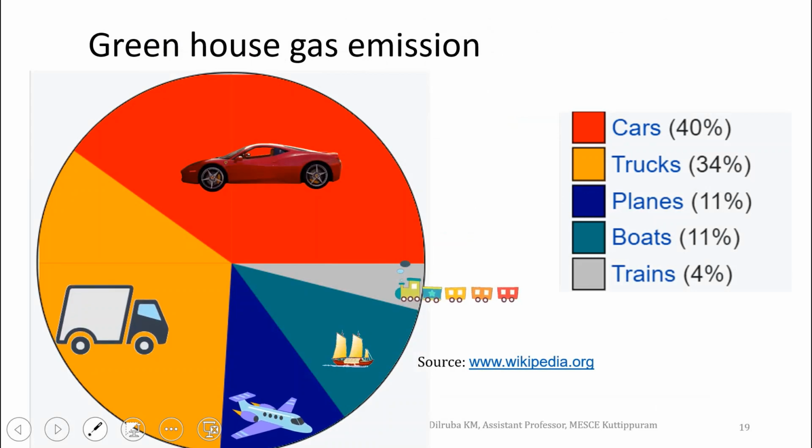If we look at the greenhouse gas emissions, we can see cars are emitting almost 40% of greenhouse gases, and trucks are emitting 34%. Flights or planes are emitting 11% of greenhouse gases on the entire Earth, boats 11% and trains only 4%.